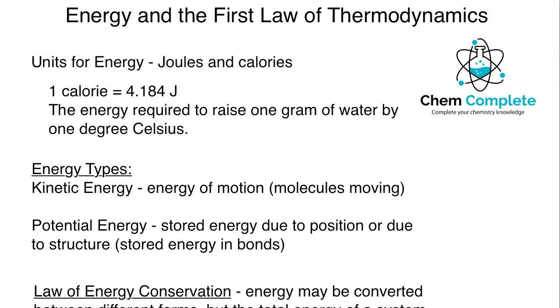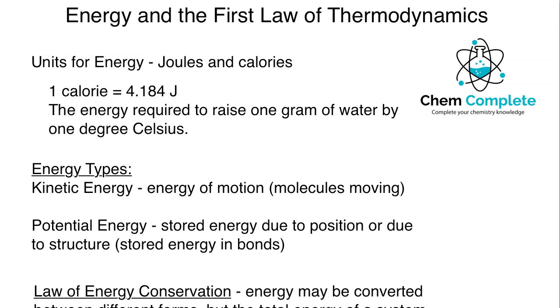So a joule is the main unit, and 1 calorie is equal to 4.184 joules. And that may seem like a bizarre value that's kind of random, but it does have basis in thermodynamics and energy calculations. 4.184 joules is the energy that is required to raise 1 gram of water by 1 degree Celsius. So this is also known as the specific heat, or the heat capacity, that we assign to water.